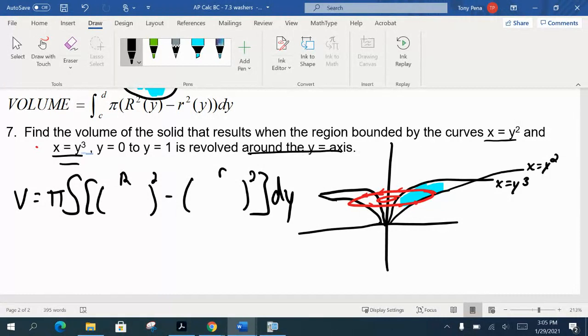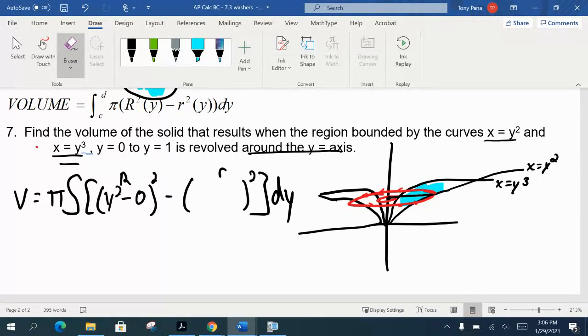So the big radius, here's the original space over here I have shaded in blue. The big radius would start over here at the big circle, go to what we're rotating around, which is the y-axis. So the big radius is now horizontal, so we want to be doing right minus left. The right curve is this one, which is the x equals y squared graph. And then the y-axis is 0.